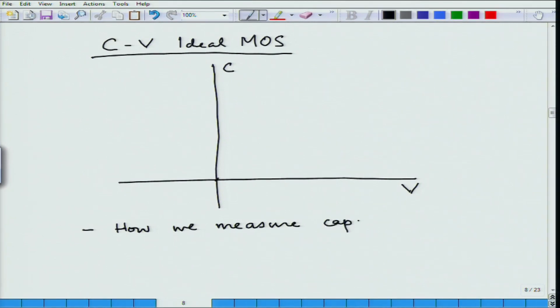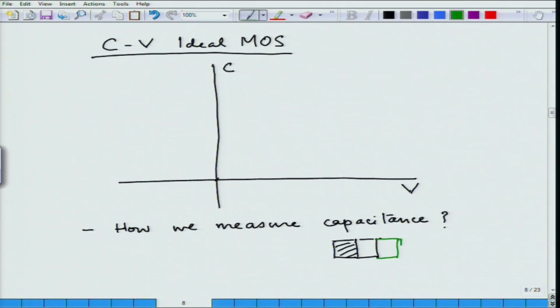In order to measure the capacitance of this MOS structure, you have a metal, you have the oxide, and then you have, let us say, the semiconductor.